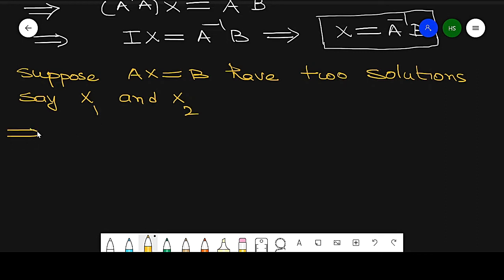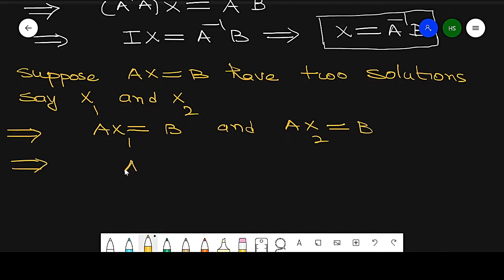So it implies Ax1 equal to B and Ax2 equal to B. From this it implies Ax1 equal to Ax2.